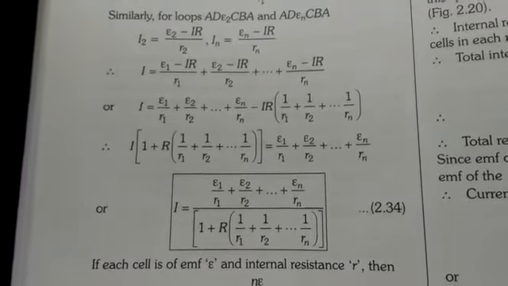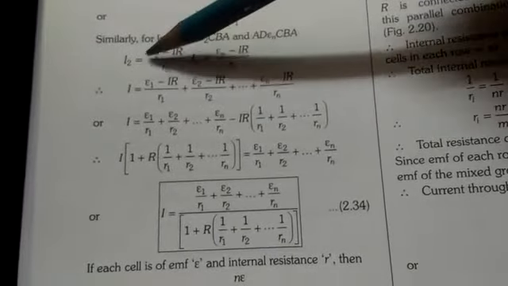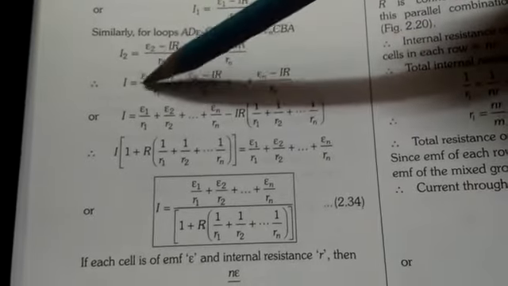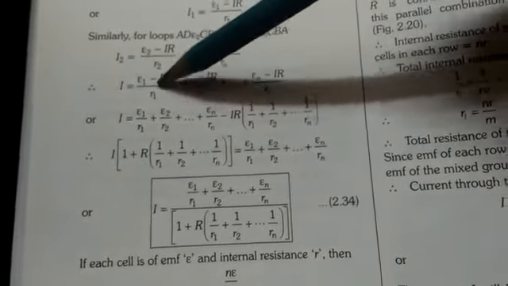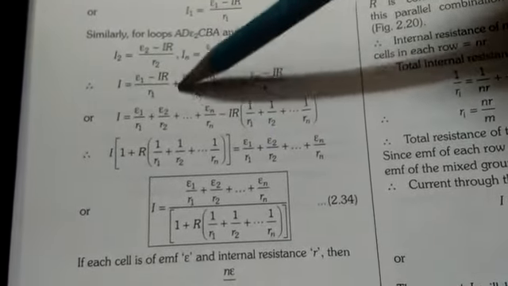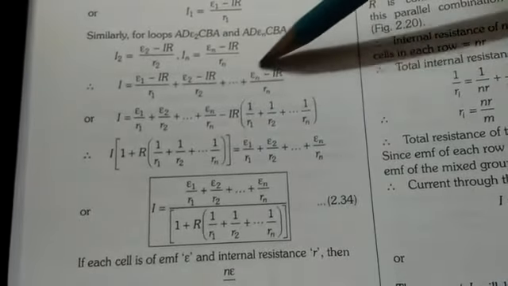By getting all the values and putting it in the Ohm's law, we will find this one. Okay, first of all we get the value of I1, I2 and In. Then we know I equals I1 plus I2 till In. So put the values here. In place of I1 we put this one, in place of I2 we put this one, similarly for In we put this one.